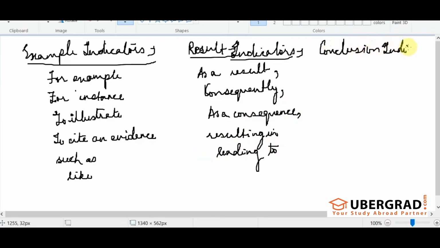conclusion indicators. What are conclusion indicators? Words that are used to give conclusion. So you will begin your conclusion paragraph by using these words. What are those words?